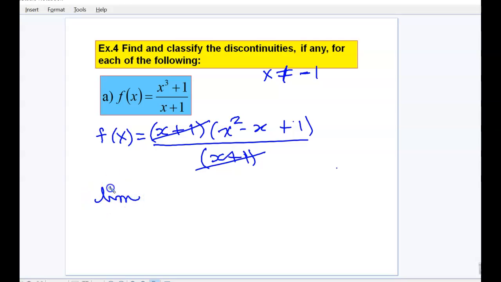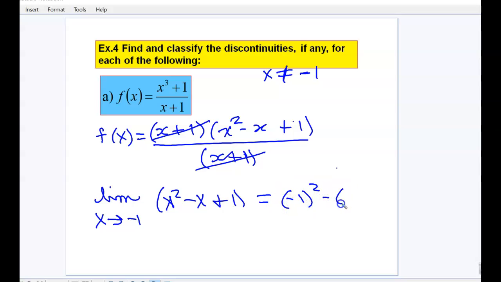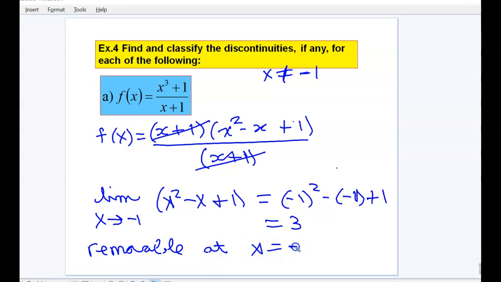To exactly show where that hole in the graph is, we can calculate the limit of what's left as x approaches negative 1. And this is going to work out to be 3. So I have a removable discontinuity at x equals negative 1, and the hole in the graph would be at negative 1 and 3.